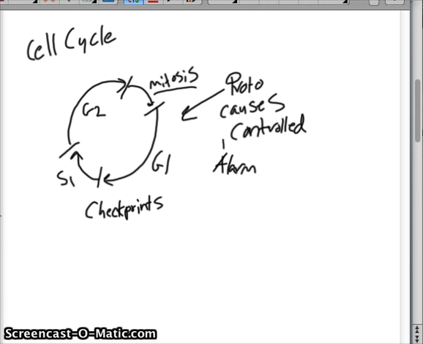Now, the problem is, and remember, cancer is this uncontrollable cell cycle, this uncontrollable cell growth that leads to too much of this. That's pretty much all that cancer is. I mean, it gets more deep than that, but the real basics of it is that there's too much mitosis. So basically, our alarm is going off too many times.